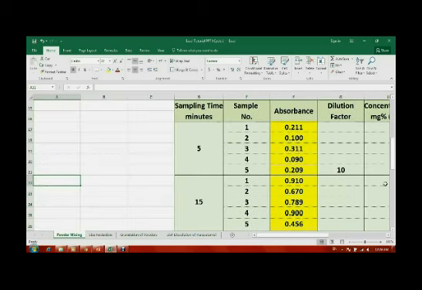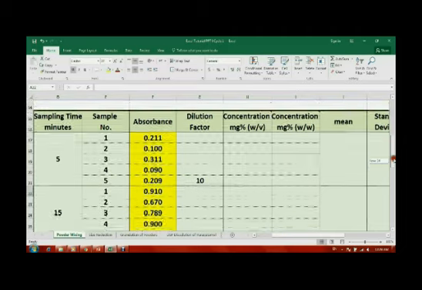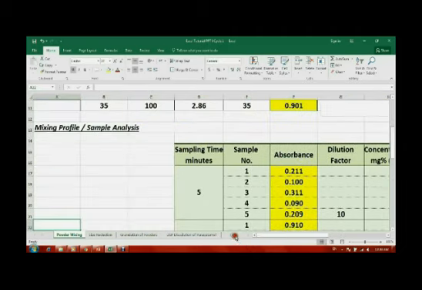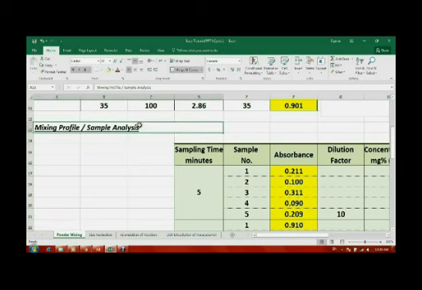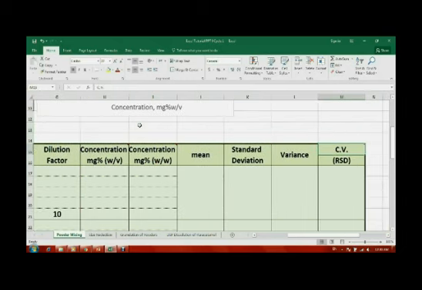First, you will need to calculate the concentration in milligram percent weight per volume for each sample. This should be done using the calibration curve equation.